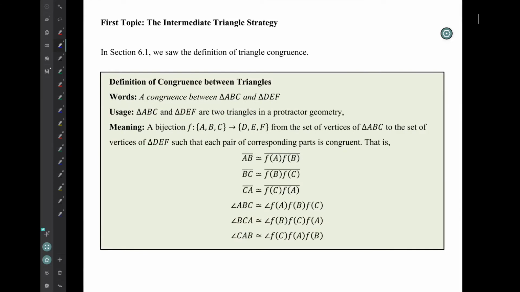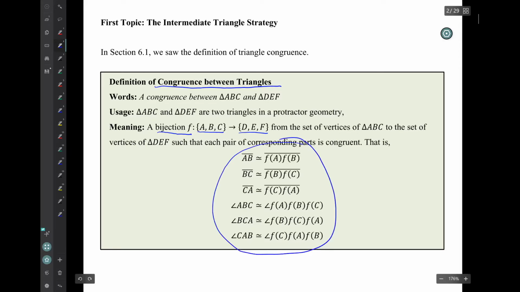Our first topic is the intermediate triangle strategy. In section 6.1, we saw the definition of triangle congruence. We started with the definition of a congruence between triangles, which means a bijection, that is, a function from the set of vertices of one triangle to the set of vertices of another triangle, such that each pair of corresponding parts is congruent.